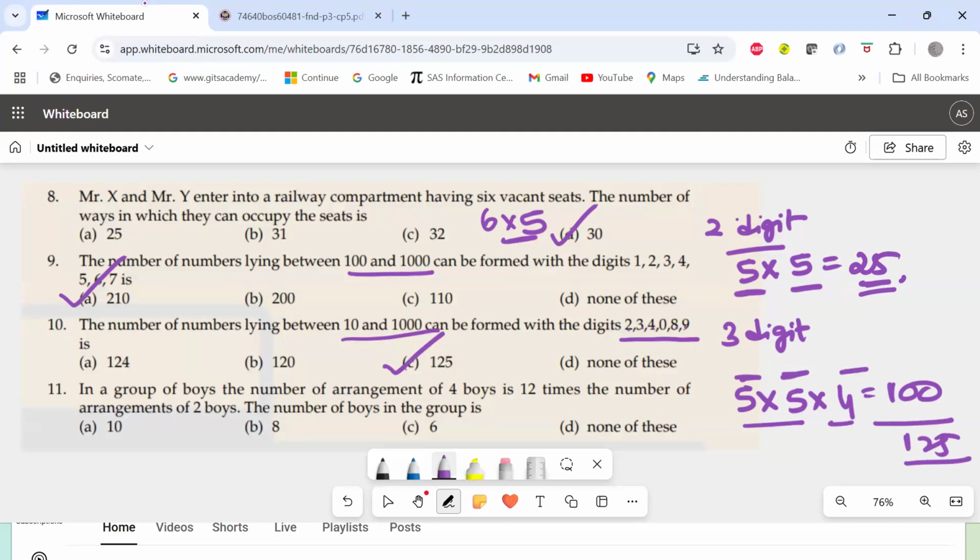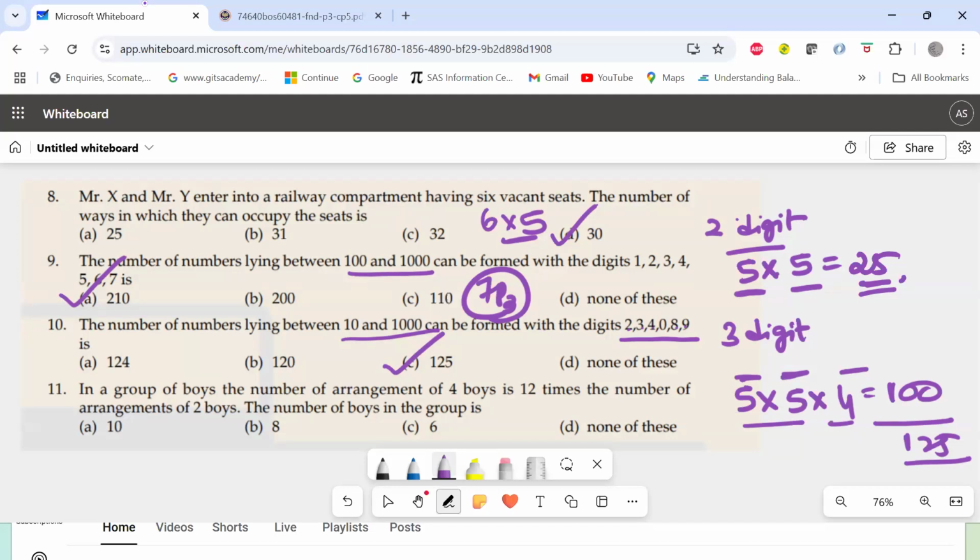So for question number 9, the answer was 125. Okay, so 7 digits 1, 2, 3, 4, 5, 6, 7 were there, and out of the 7 digits you have to make any 3 digits, so it would be 7P3. There's no restriction, but here zero cannot come in the tens place in a two-digit number, while in a three-digit number zero cannot come in the hundreds place.